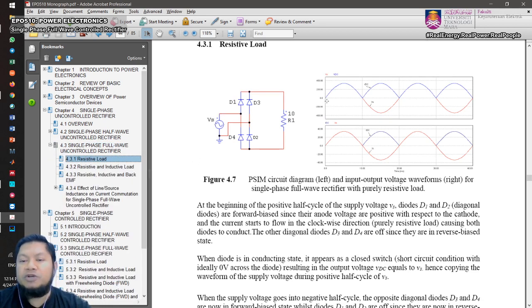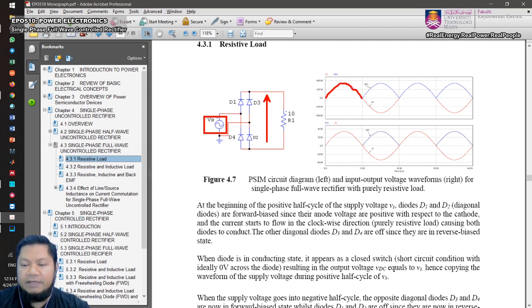During the positive half cycle, diodes D1 and D2 will be forward biased and D3, D4 will experience reverse bias, and therefore D1, D2 will conduct at 0 degrees, 0 seconds. So the output voltage will be equal to the supply voltage. It will copy exactly the same supply voltage.